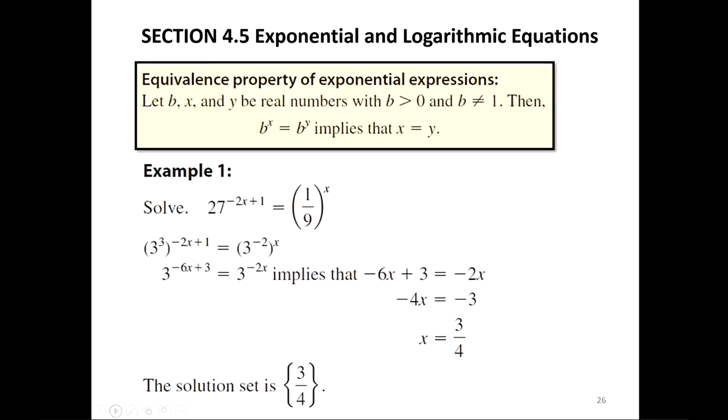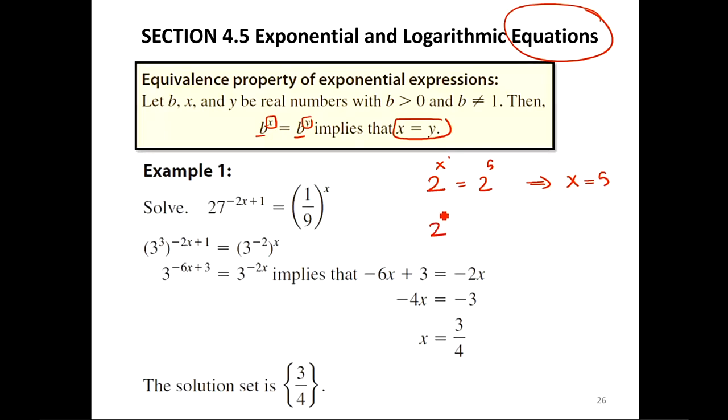Now, about exponential equations, if we have the same base, then the exponents must be equal. For example, if we have 2 to the power x equal to 2 to the power 5, so x must equal what? 5. Okay. Or 2 to the power 3x minus 1 equal to 2 to the power 5.